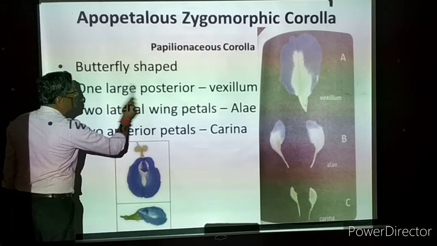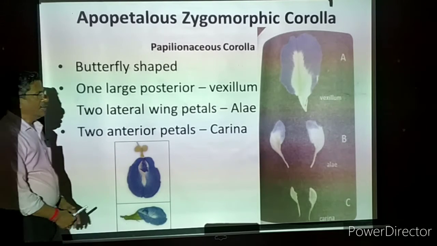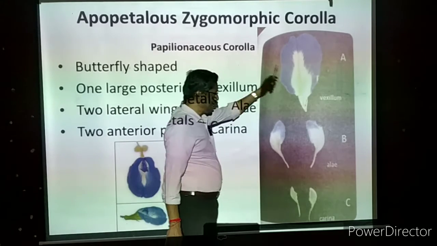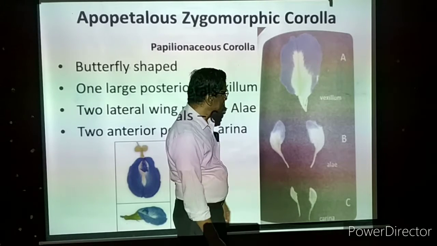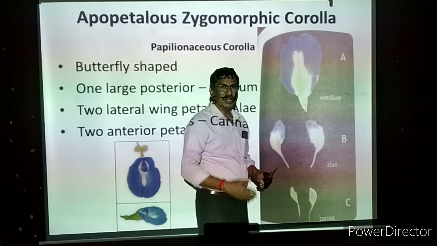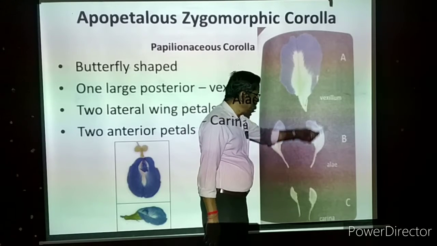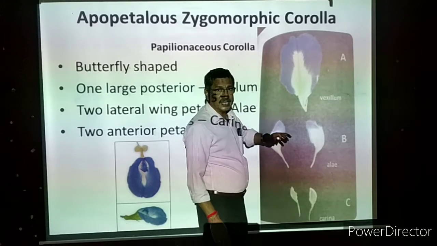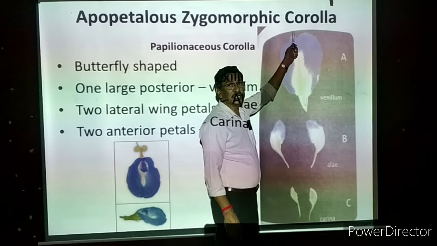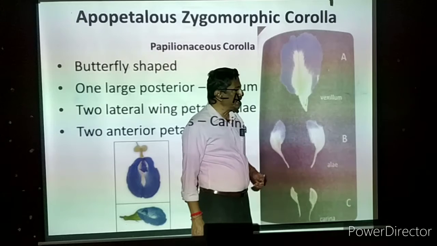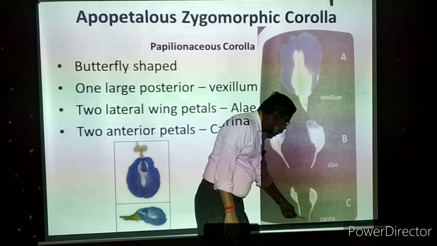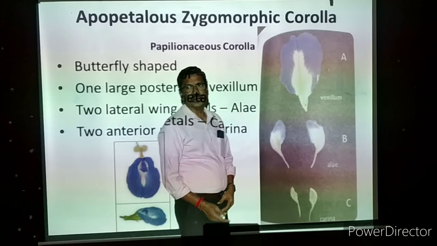One large posterior petal. Anyway, when we talk about a flower, we have to take the floral diagram, which we will teach in the class. Now in the flower, when we take the section and separate the floral parts, the upper part is posterior to the flower. The upper side is the posterior to the flower. The lower side is anterior to the flower.